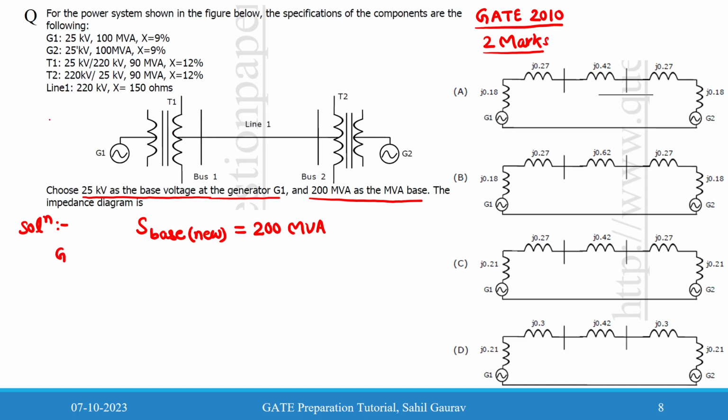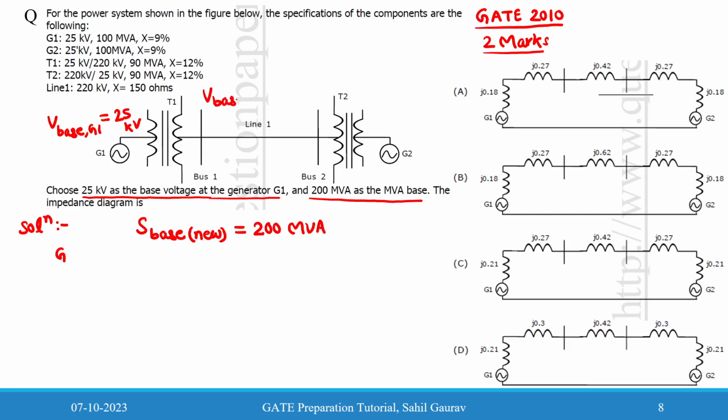It is given that V base at the generator G1 side is 25 kV. How can we find the V base for the line 1 side? We will use the turns ratio.